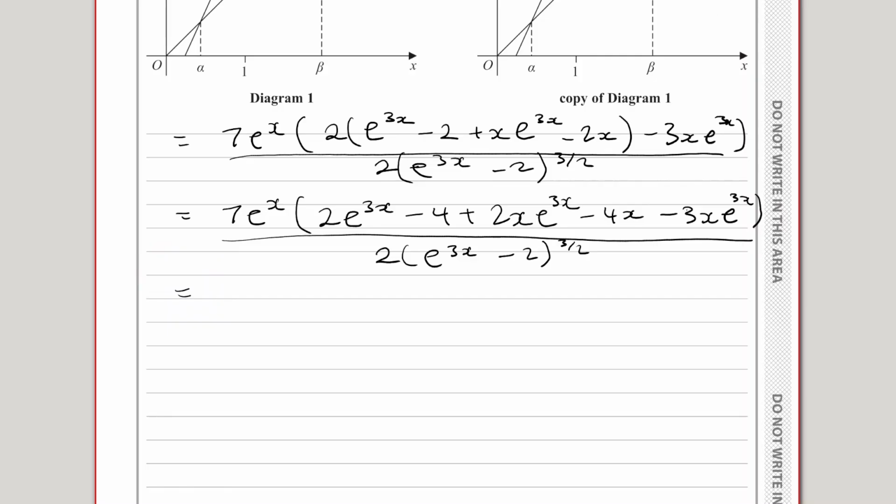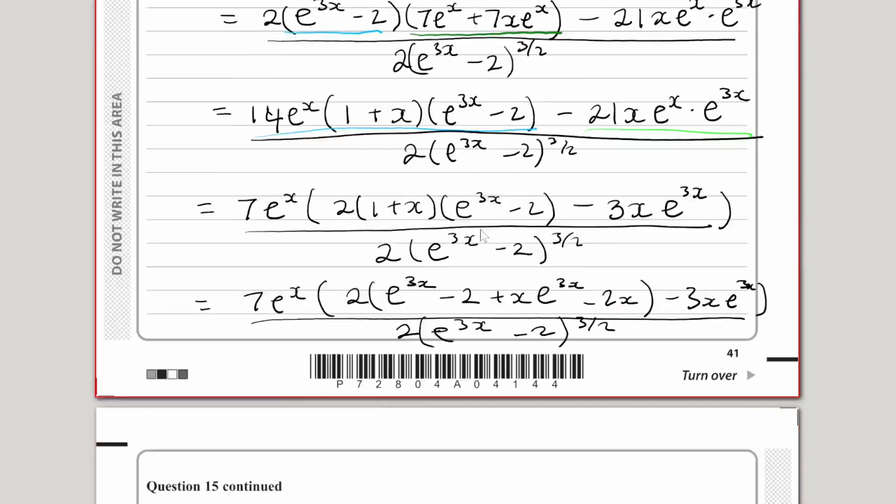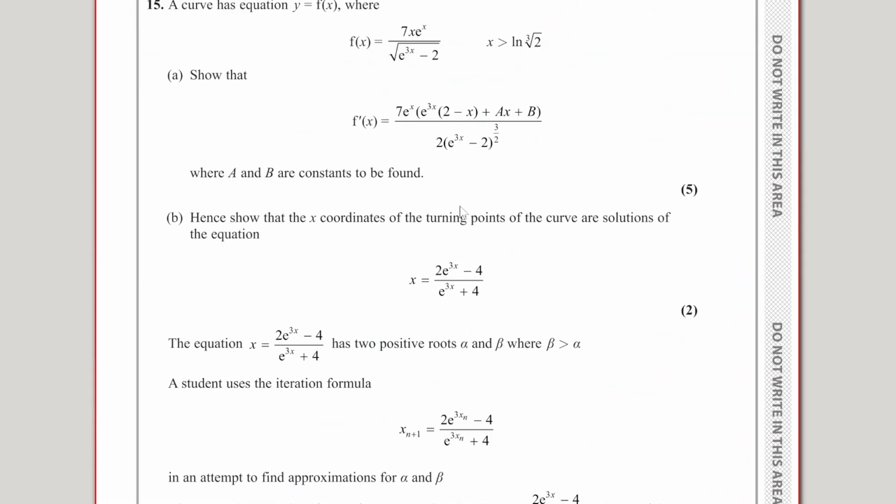Collect these like terms. So 7e^x times 2e^(3x) minus xe^(3x) minus 4x minus 4 over that denominator that hasn't changed. I think I'm there.